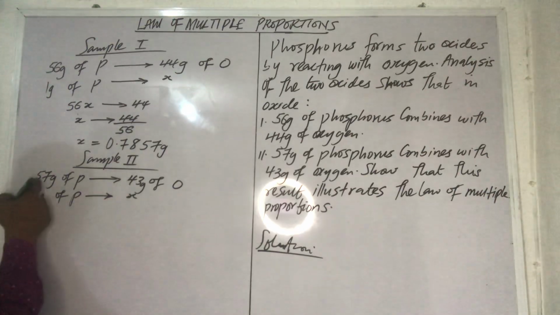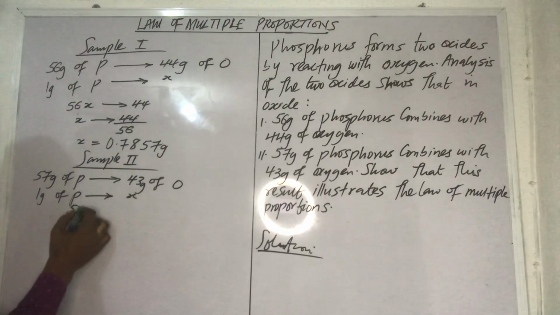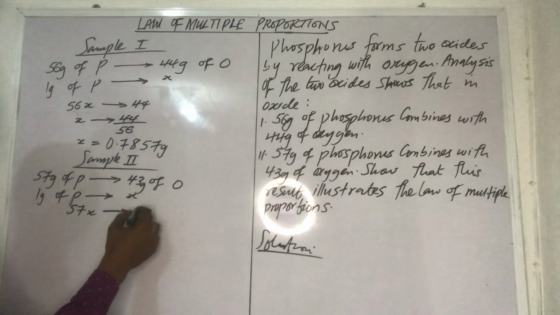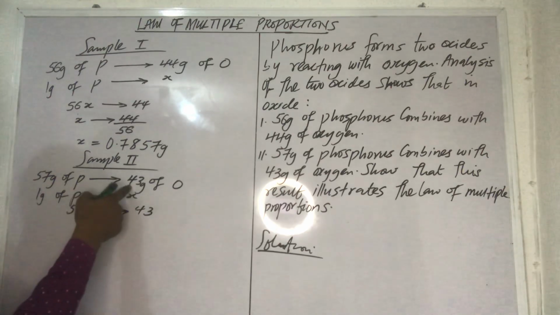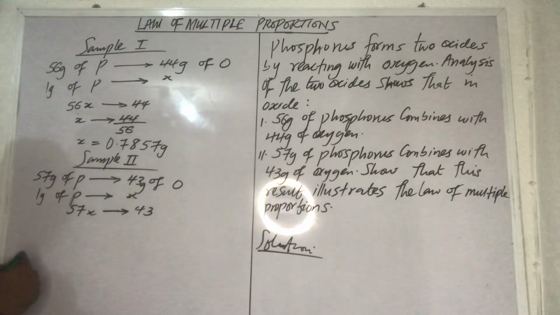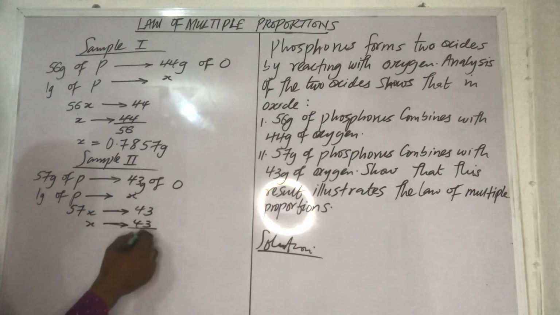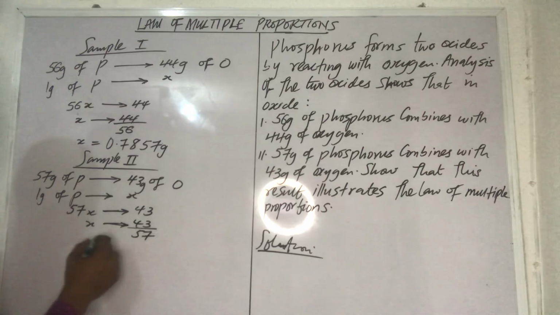If I cross multiply, I will have 57x equal to 1 times 43. Then x will be equal to 43 divided by 57.